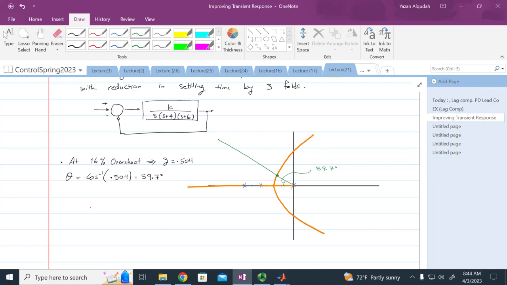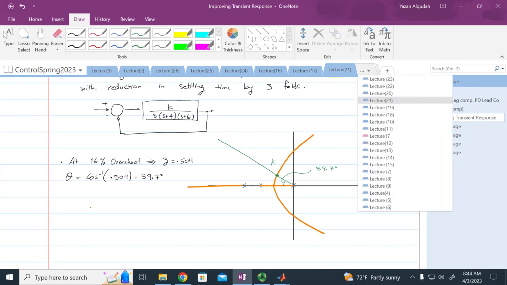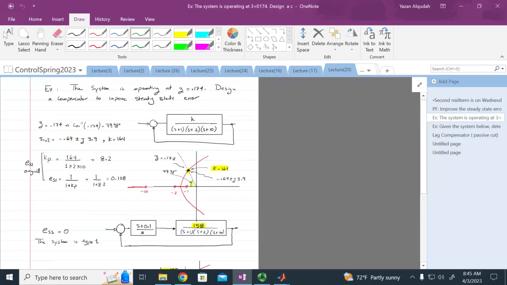You do the triangle. Oh, we need to find K. We need to find K, and we need to find the operating point that we are operating at. How did we do it? I think we've done it long time ago. Maybe last week.